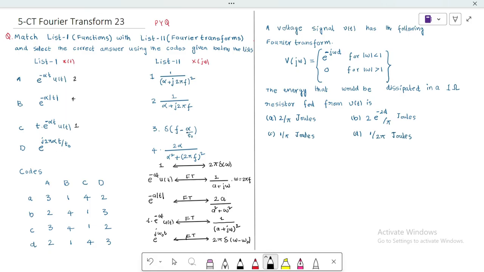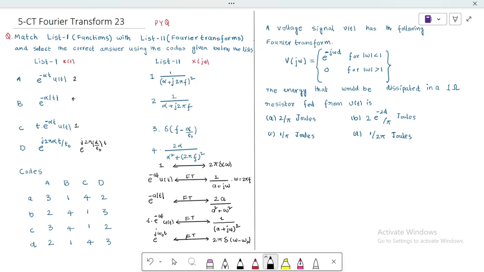So alpha is a coefficient. Alpha by t naught, actually you can write like this: e power j2 pi f naught t, where f naught equal to alpha by t naught. So this is the constant.